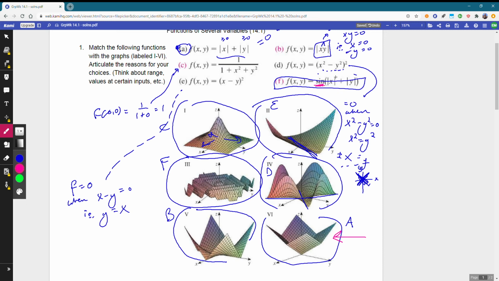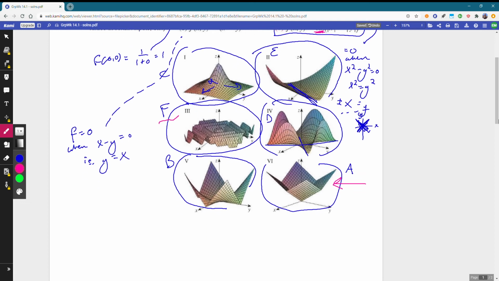So this is like our function A, and then tossed into the sine function, and then there's what we get, function F. Or I guess graph 3. There it is. All right, moving on down.